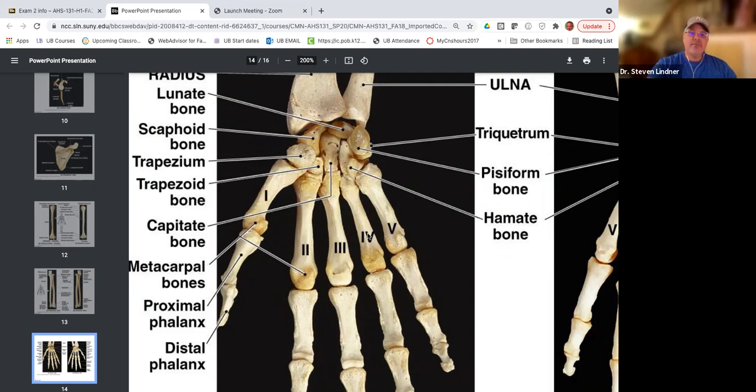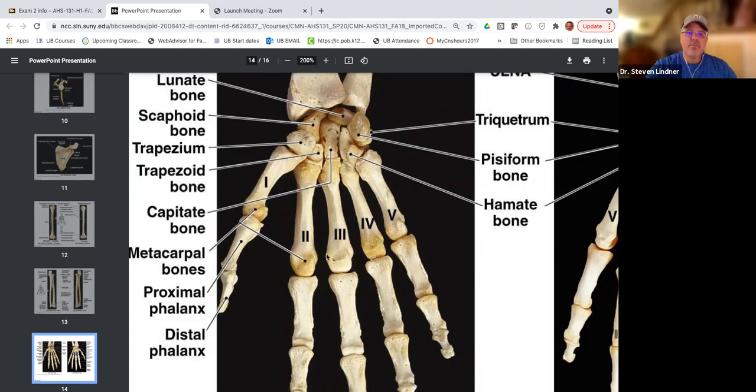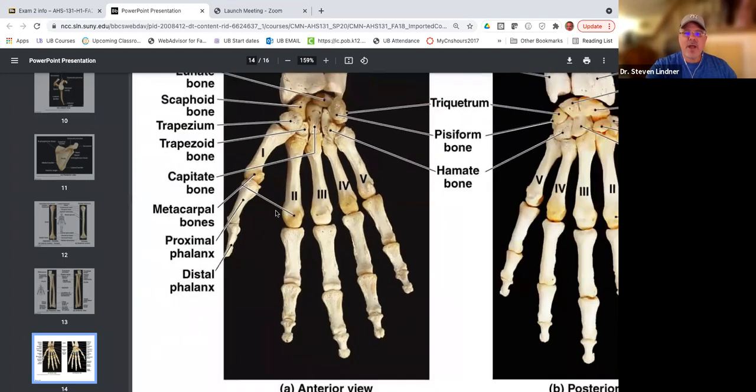If it's this one, you'd say 4, TH, fourth metacarpal. If it's here, 1, ST, first metacarpal. Okay. All right. So now finishing up, what do we have distal to the metacarpal?